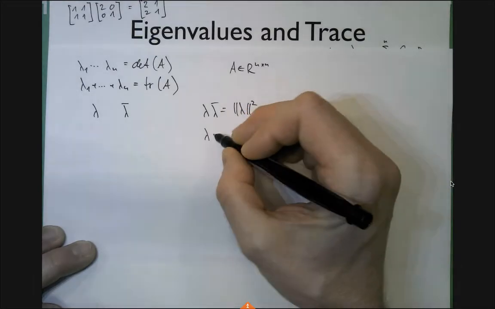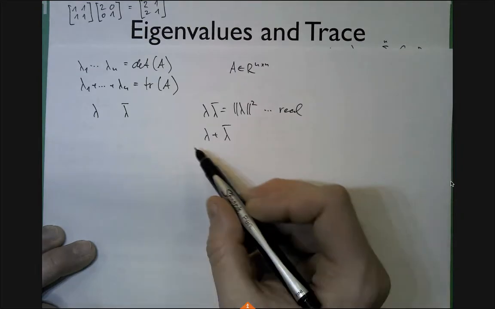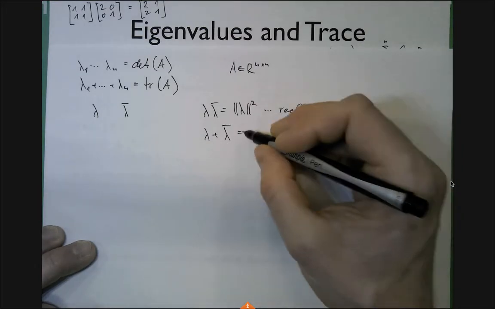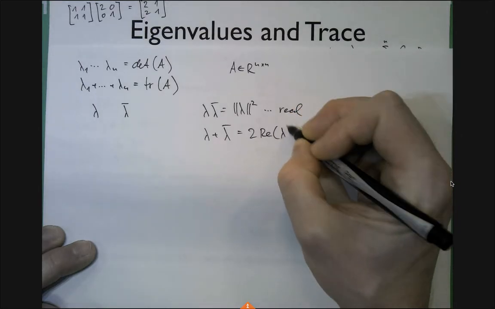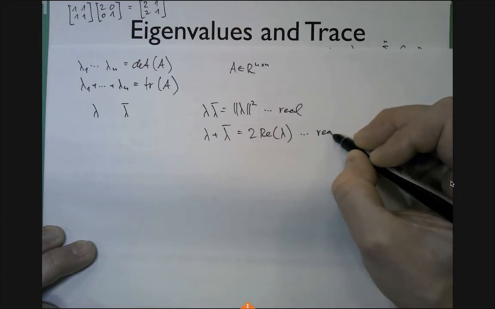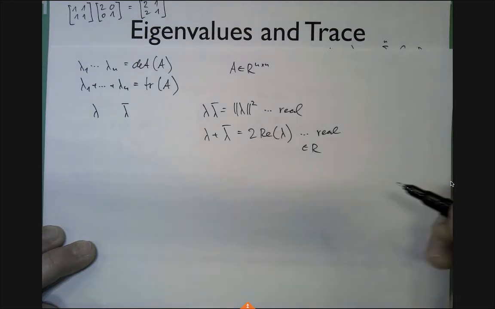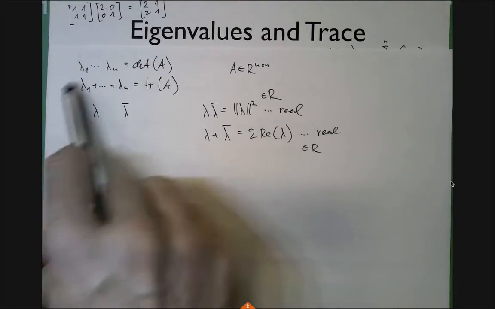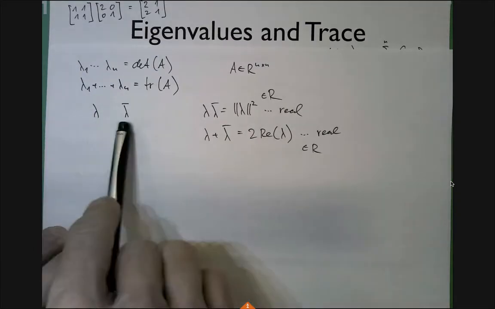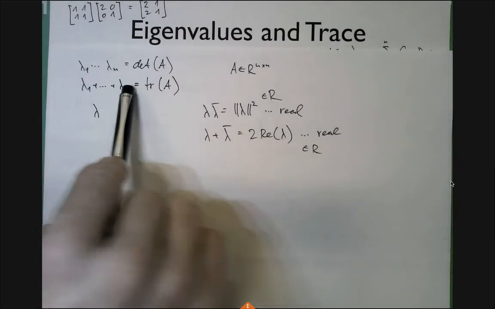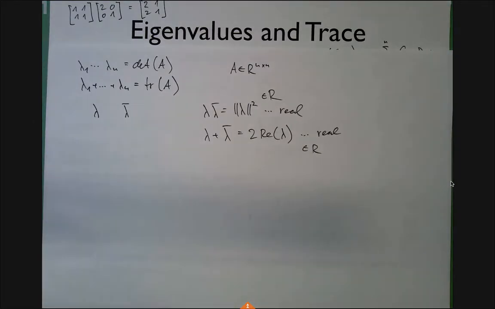And if you add a complex number and its complex conjugate, you get twice the real part of lambda, so the imaginary part is going to be 0. So you get, again, a real number. So indeed, there might be complex numbers here, but in the product or in the sum, because of this property that for lambda there is also lambda complex conjugate as an eigenvalue, the left-hand side too must be a real number. So everything is cool.